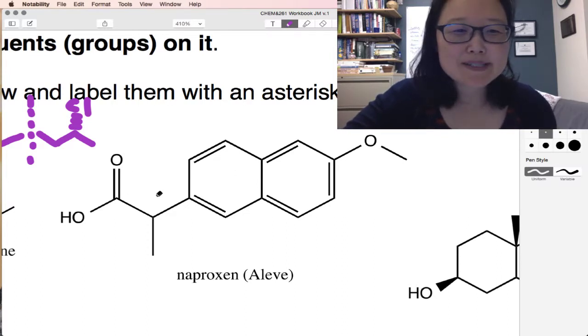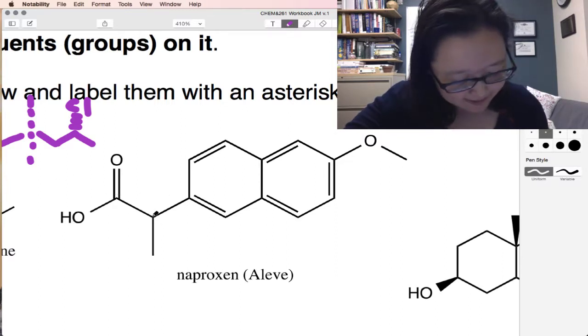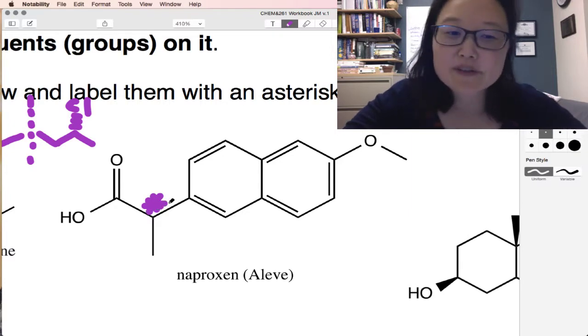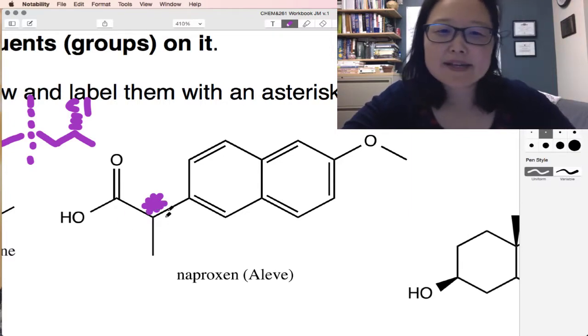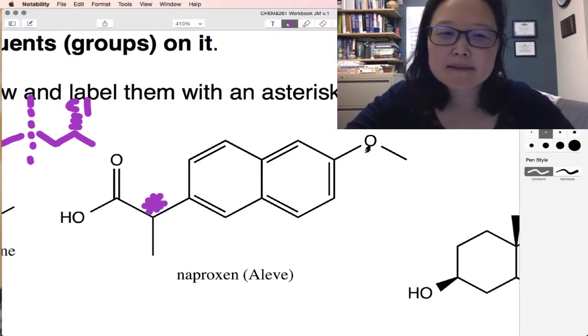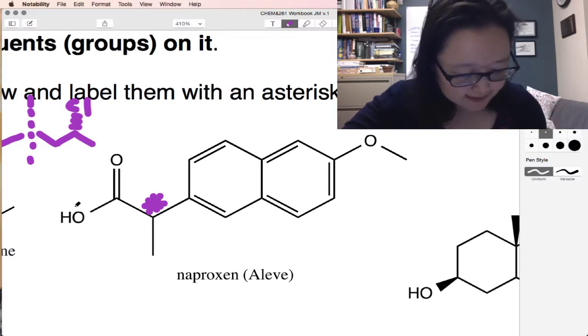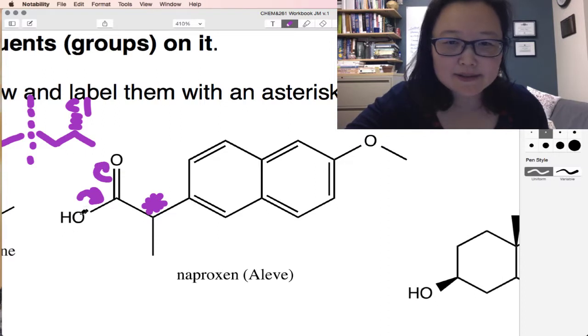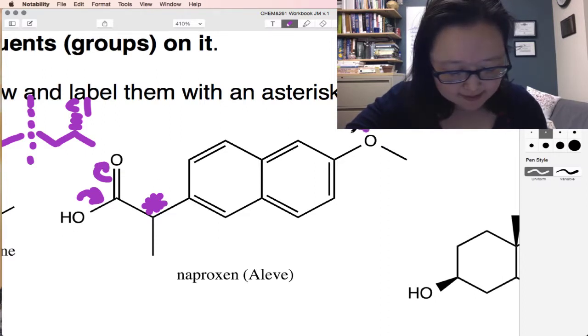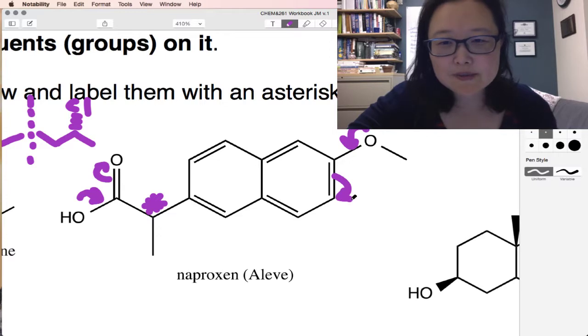So here, notice this is sp2, and then we've got this atom here. So there's four different groups here, and the rest are sp2. And even with these guys, these have resonance, so this is really like sp2, and this one here also has resonance, so that's like sp2 in a sense.